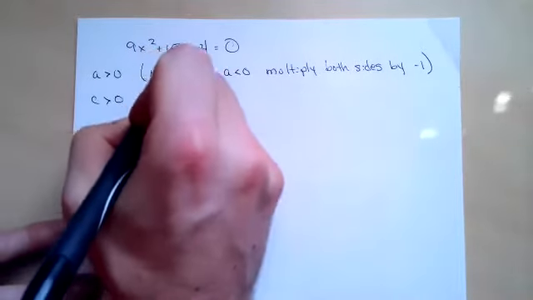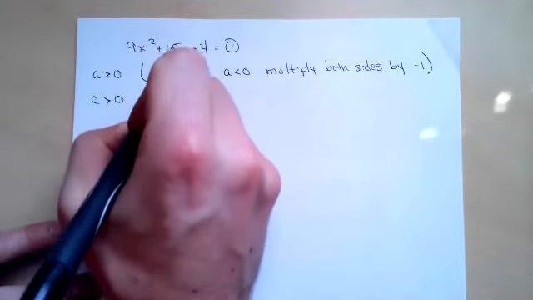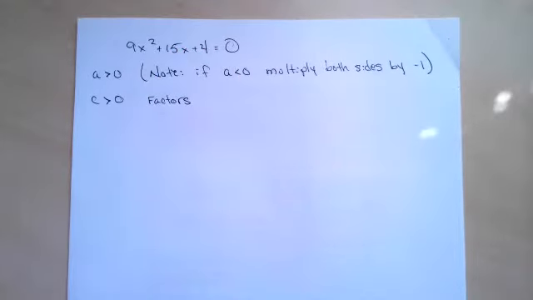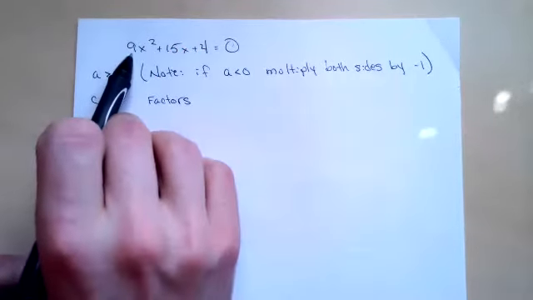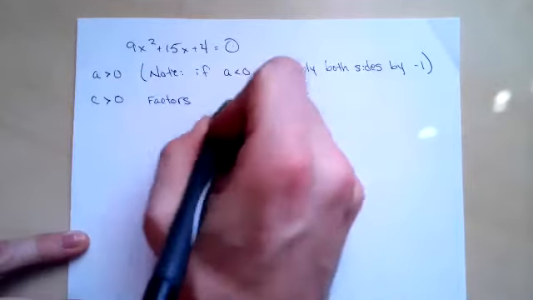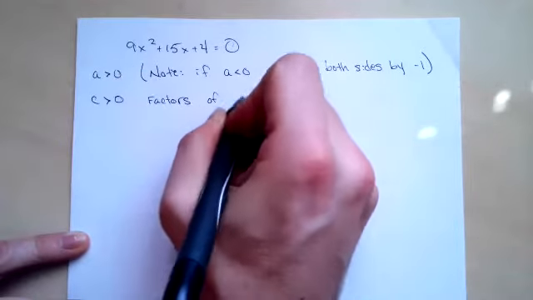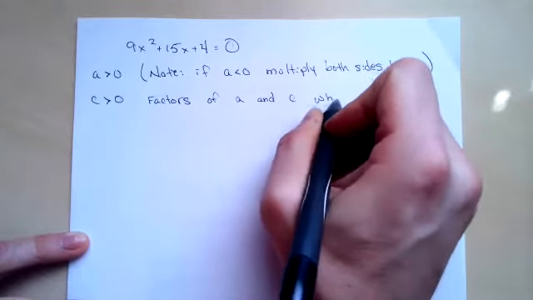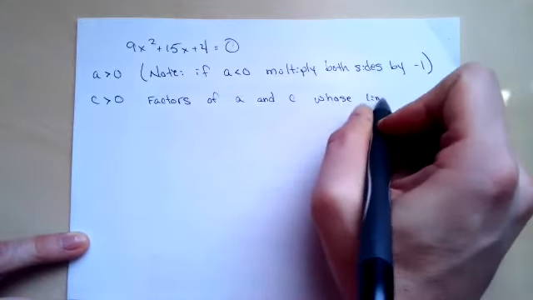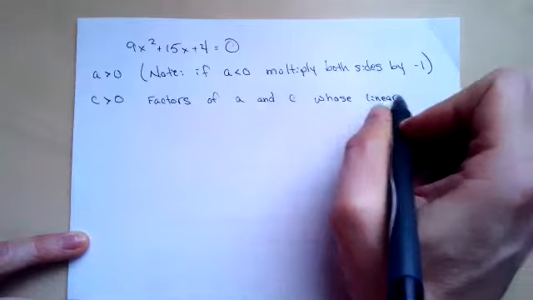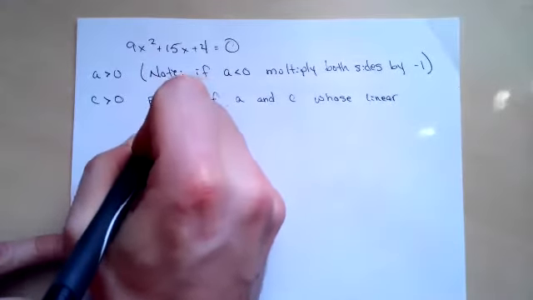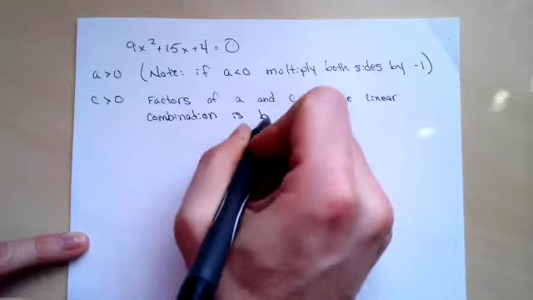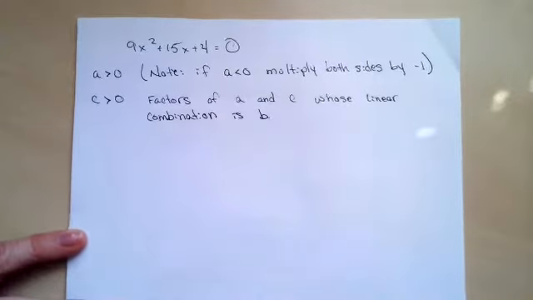So again, we want factors of 4, or at least we're going to add our factors, but we have to account for the factors of 9. So we are actually going to look for the factors of A and C whose linear combination is B. And what do I mean by that?